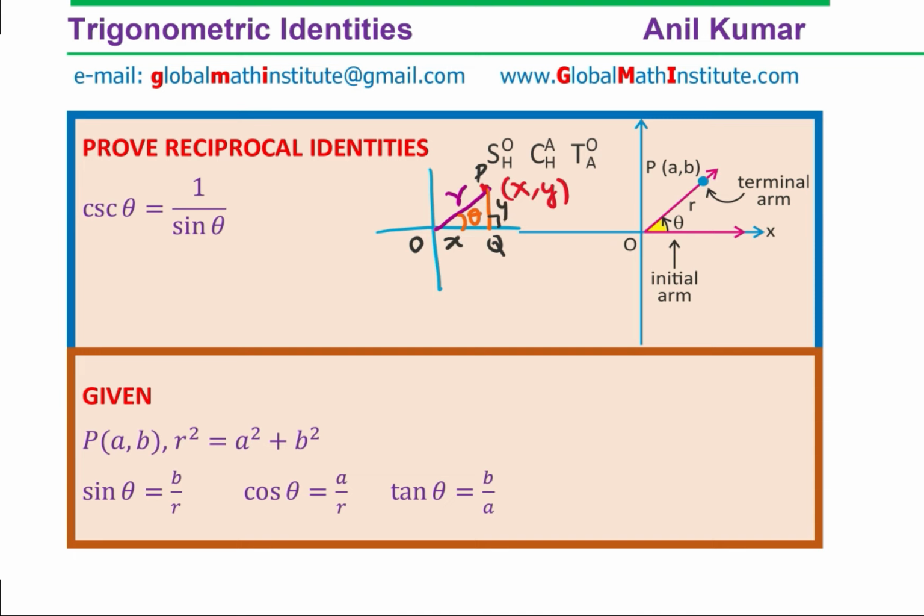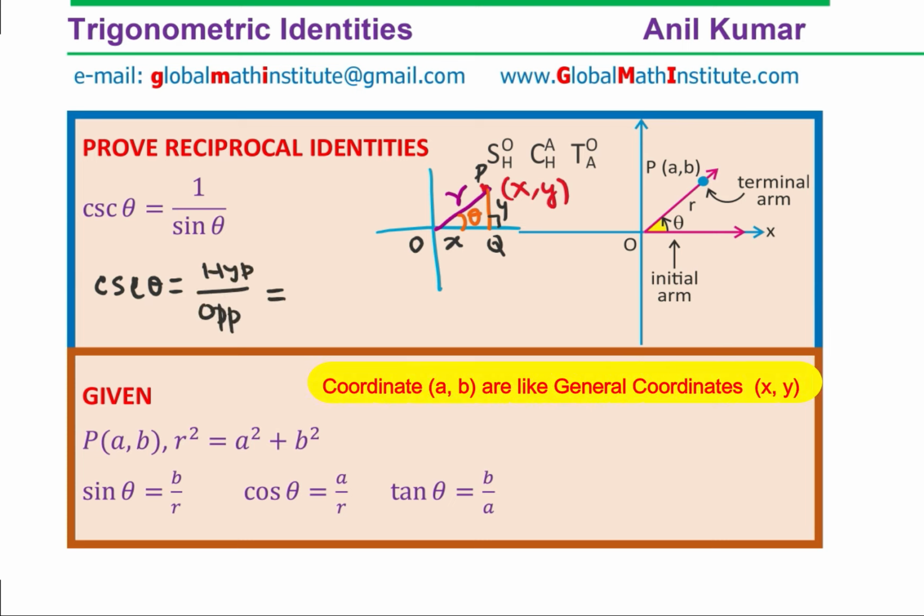Now, what is cosecant theta? Cosecant theta basically is a ratio. Sine is the ratio of opposite to hypotenuse, and cosecant is the ratio of hypotenuse to the opposite side, correct? In this case, the hypotenuse is r and the opposite side is y.